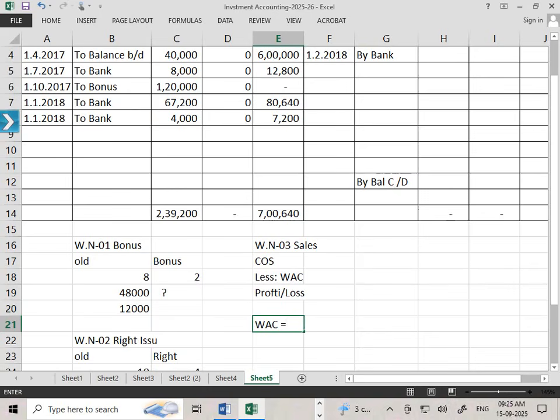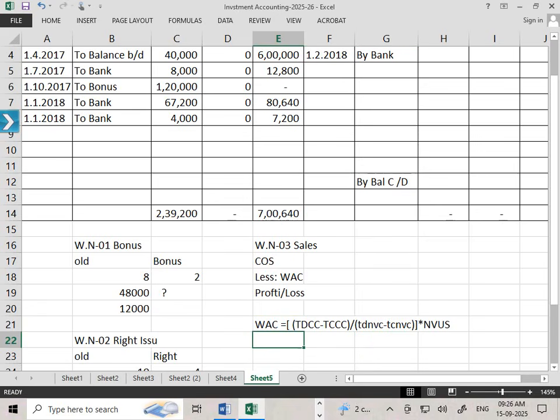Weighted average cost is total debit side of cost column minus total credit side of cost column, the whole divided by total debit side of nominal value column minus total credit side of nominal value column, and the whole multiplied by nominal value of units sold.